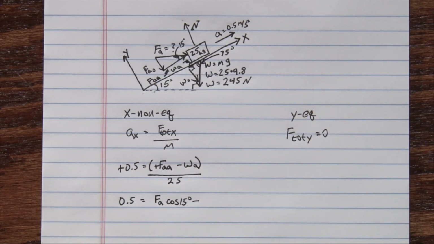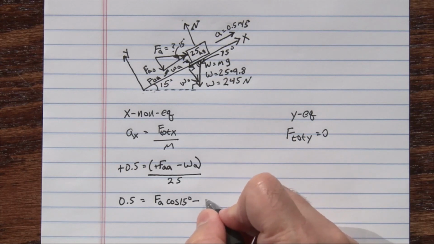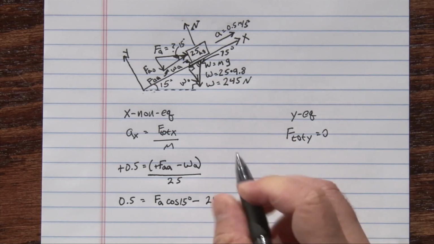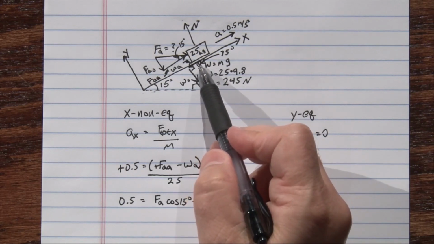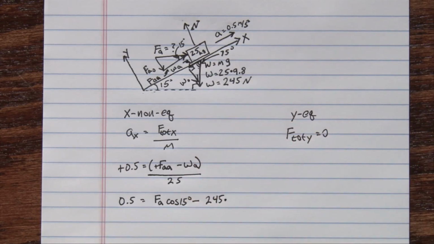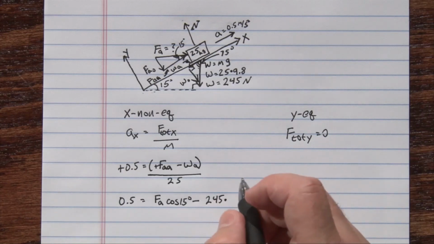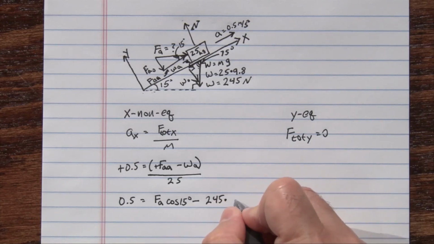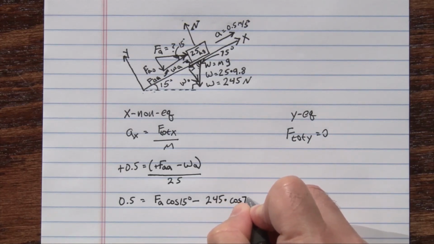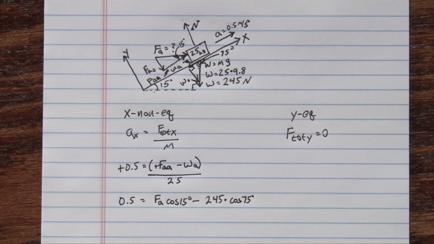So that would be the weight, which is 245, times the cosine of this angle. So remember that the adjacent side is always cosine. The side adjacent to the angle is hypotenuse times the cosine of the angle. So 245 cosine of 75 degrees in this case. All of that divided by 25.